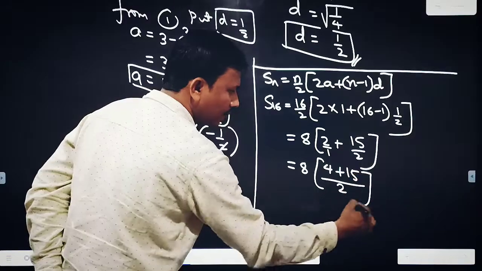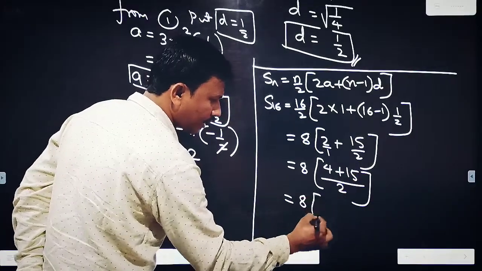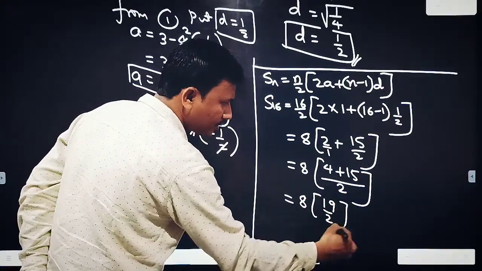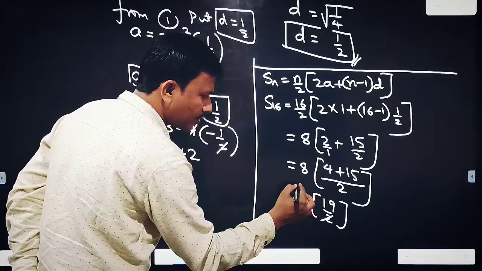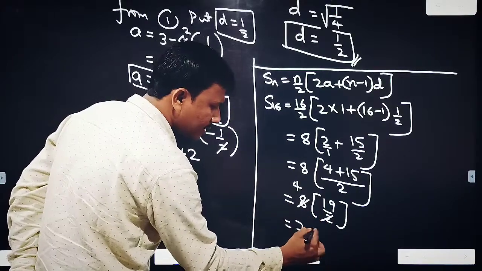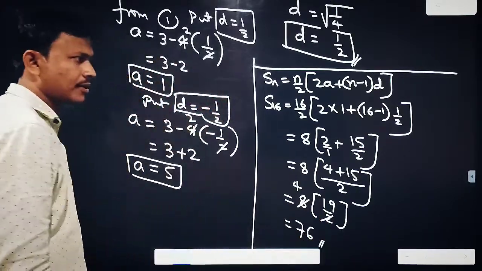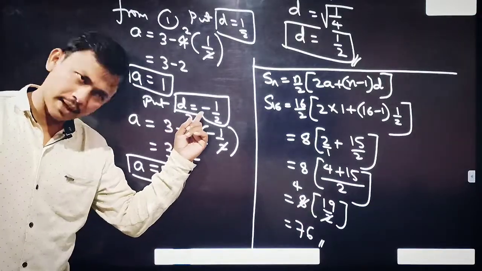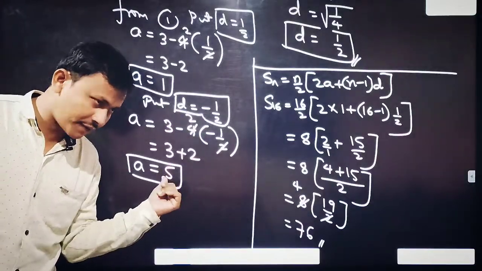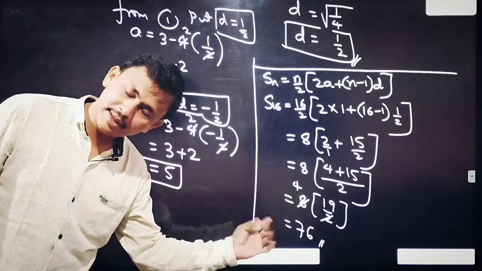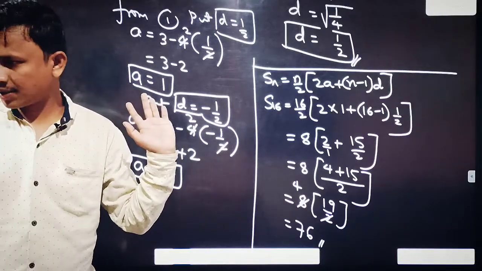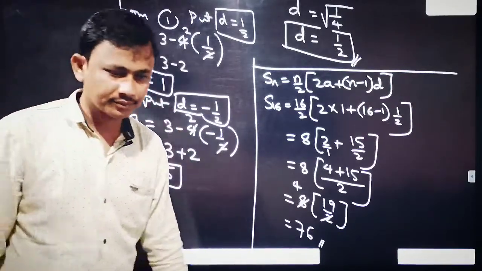This is equal to 8 in bracket 19 divided by 2. 2 fours are 8, 19 fours are 76. If you put d value is minus 1 by 2 and a value as 5, you also get 76. Understood, right?